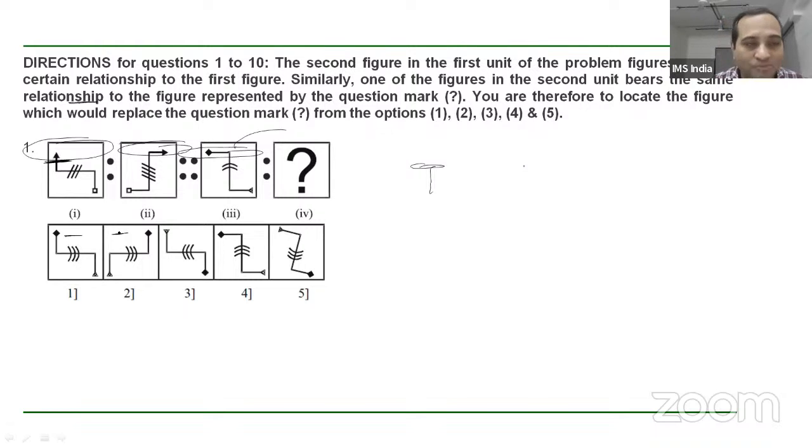Since the complete object is rotating 90-degree clockwise, the only possibility that we are left with is option number 2, and that will be my answer. Okay, so option 2 is my answer. Let's move on to the next question.